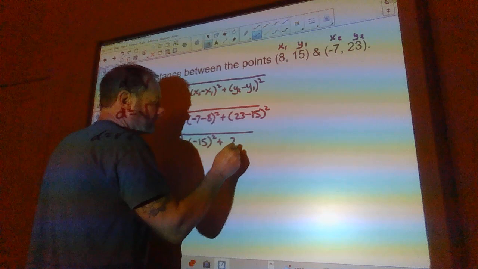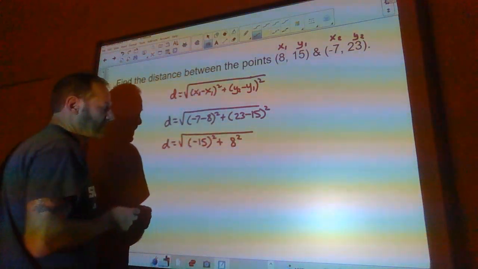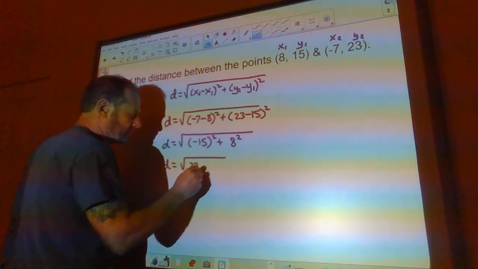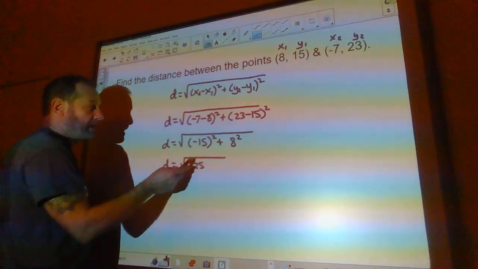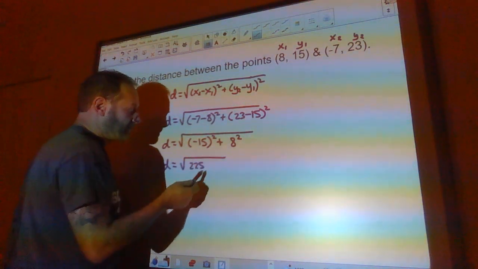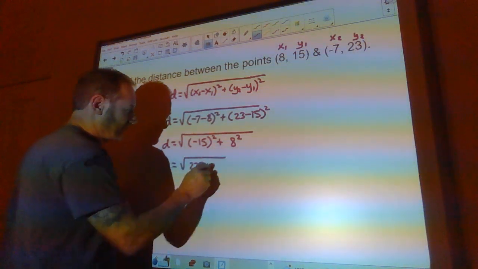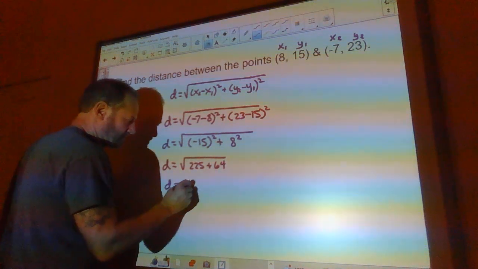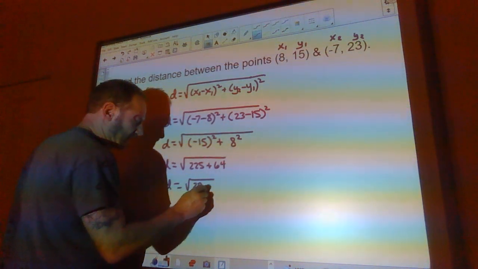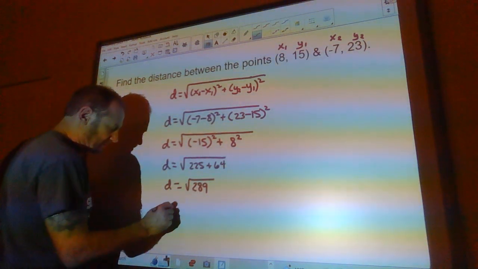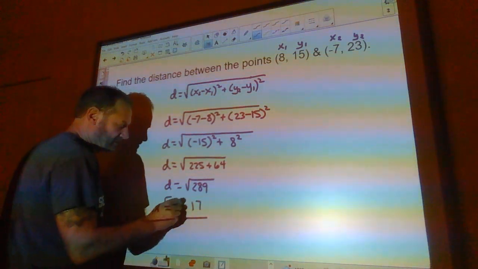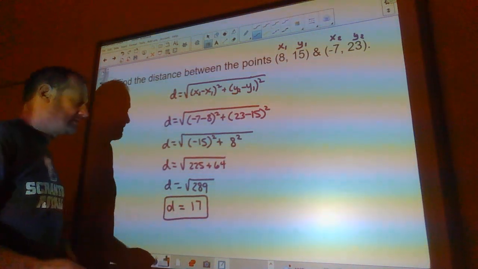This is going to be 8 squared. 15 squared, that's 225. And it's always going to be positive because a negative squared is a positive and a positive squared is a positive. This is 64. Combine those, that's going to be 289. And of course, everybody knows the square root of 289 is 17. So the distance between them is 17.